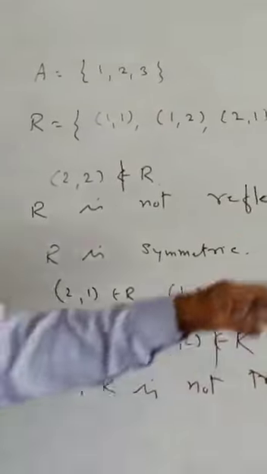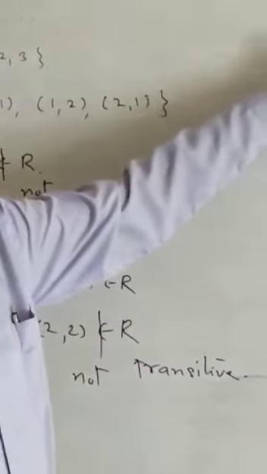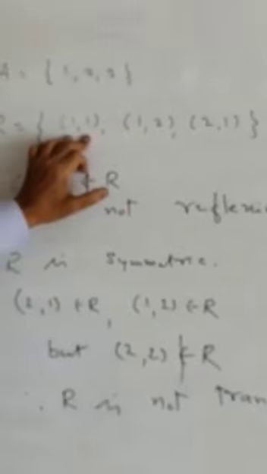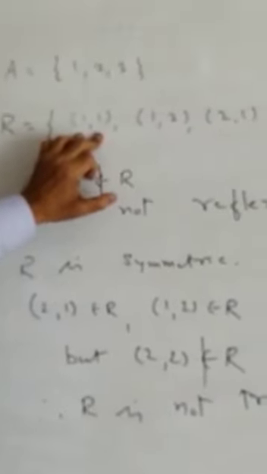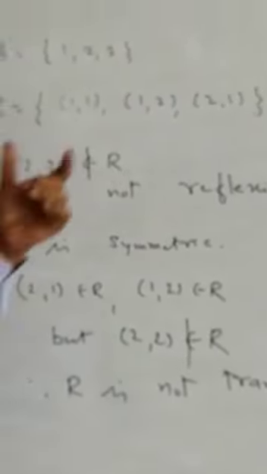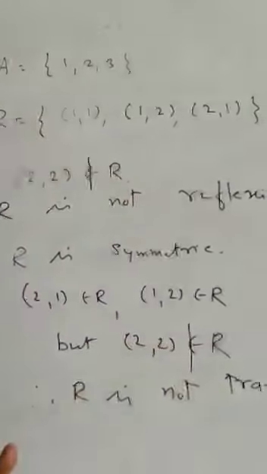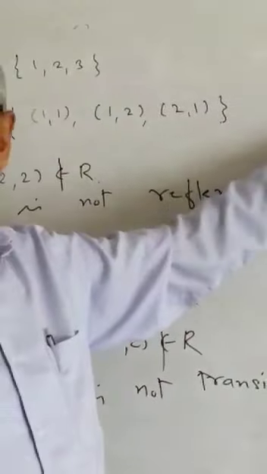To check whether the relation is symmetric or not, for every ordered pair of R, we just have to interchange the elements and again we get a member of R. For every ordered pair of R, then we say that the relation is symmetric.